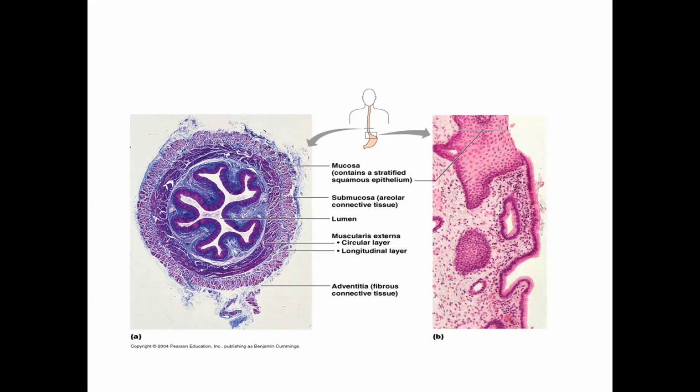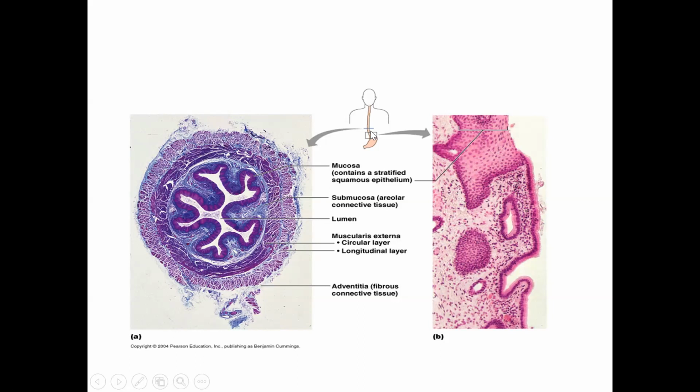This is to our advantage because when you first swallow, the food still has a lot of large particles, can be rough, and can damage your lining. Stratified squamous cells repair and regenerate really well, so if there's any damage on this lining, it can be repaired automatically.